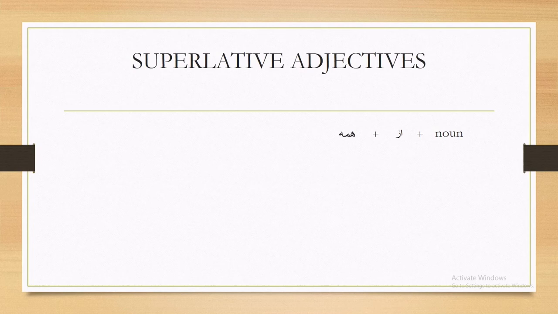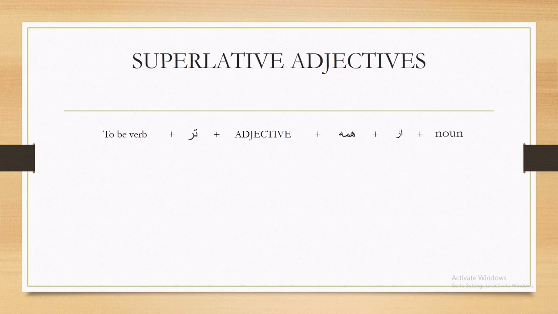As you see, I've used همه instead of the second noun. And then adjective, and then تر plus to be verb. This is one of two ways for superlative adjectives.